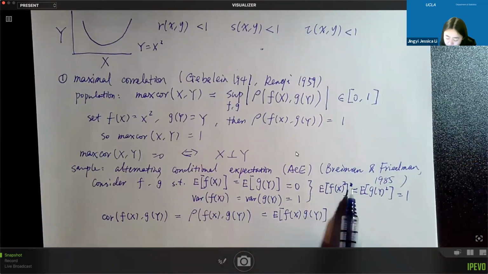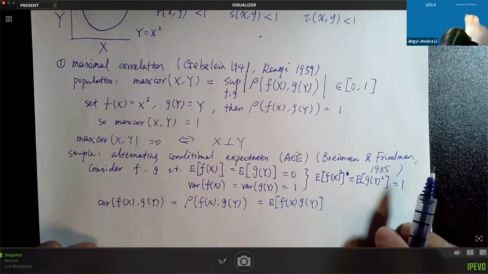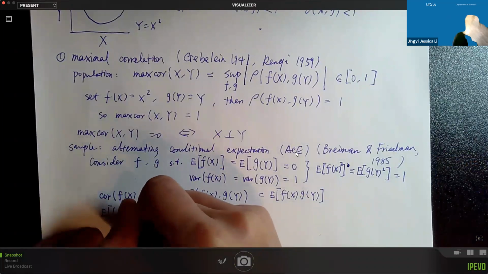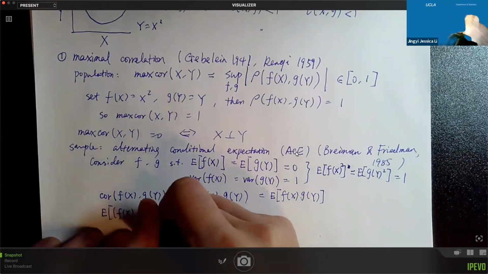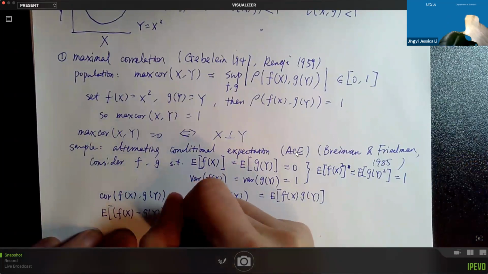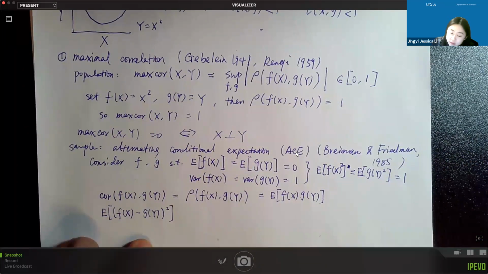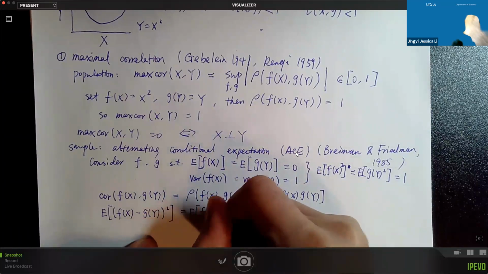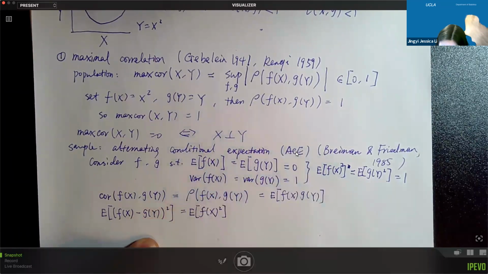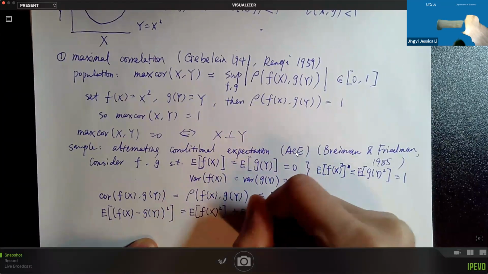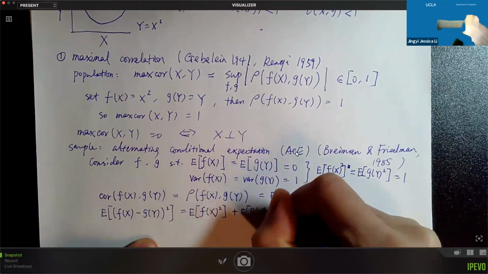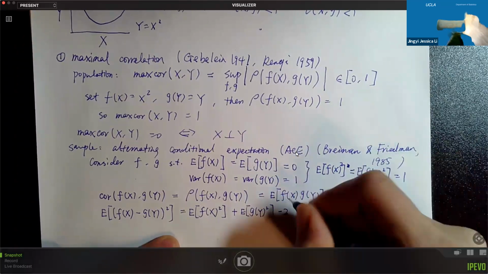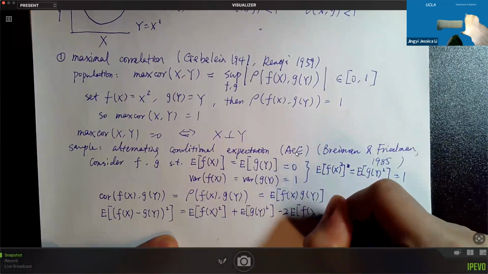So because of those, if I do the expectation of f(x) minus g(y) squared and I open it up, then what I would have is the expectation of f(x) squared plus the expectation of g(y) squared minus 2 times expectation of f(x) times g(y).